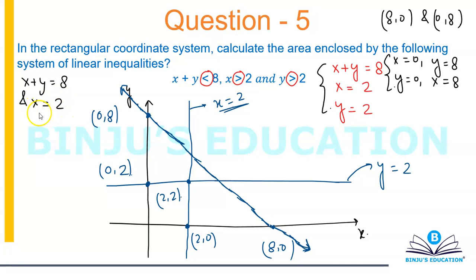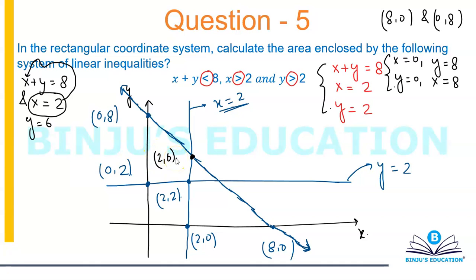Now if x is equal to 2, can I say y will automatically be 6? Because if x is equal to 2, you're going to plug it in here, and from there you're going to get y is equal to 6. So the intersection point of x plus y is equal to 8 and x is equal to 2 will simply be 2 comma 6.